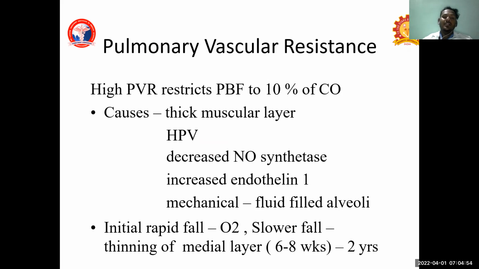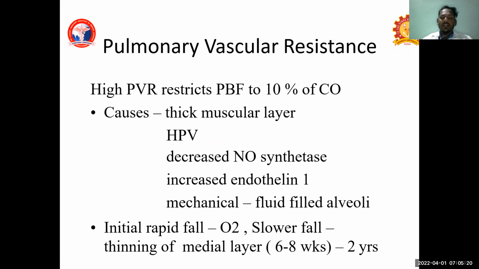So next we are going to see about the pulmonary vascular resistance. There is a high pulmonary vascular resistance which restricts pulmonary blood flow to only 10% of the cardiac output. So, what produces this high vascular resistance in the pulmonary bed?